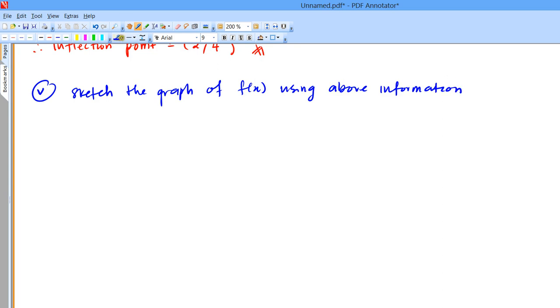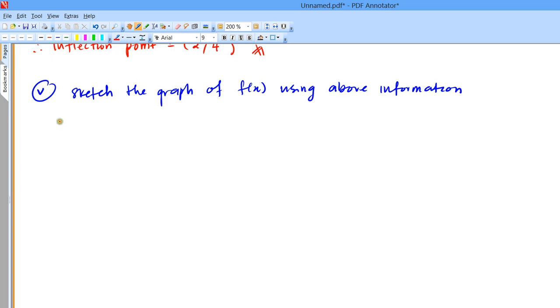Okay, before you sketch, we can list down all the information based on our solutions in 1 Roman until 4 Roman.